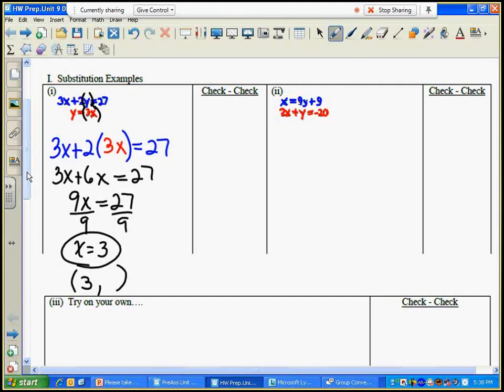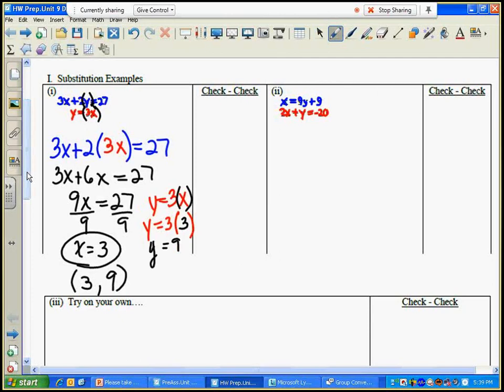If you go back to your isolated equation, y equals 3x, and you just found out that x is 3, you can replace that x with 3 and figure out what y is. Well, 3 times 3 is 9. Y equals 9. What this tells us without the use of a graph is where these two lines will cross. They will cross at the point (3, 9).